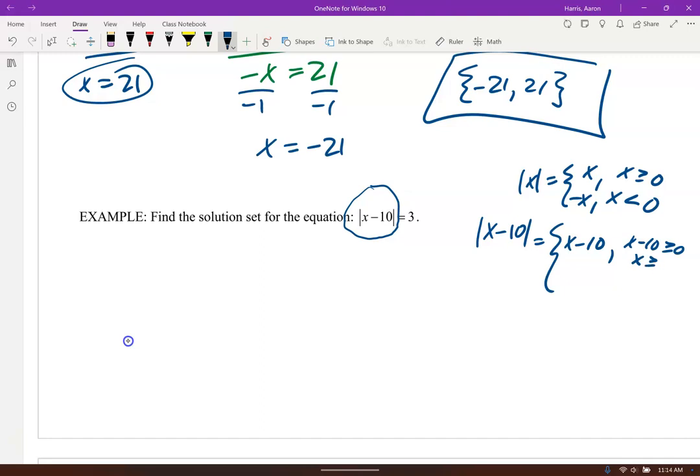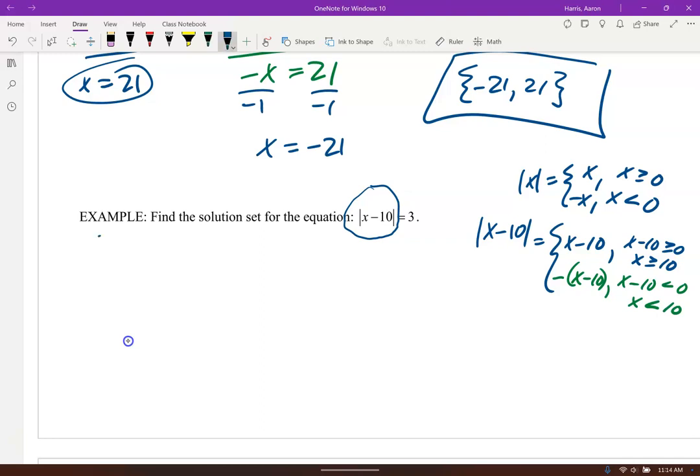In other words, as long as x is greater than or equal to 10. And then the second scenario would be the opposite of whatever's in there if that is less than 0. In other words, if x is less than 10. So that's our two cases.